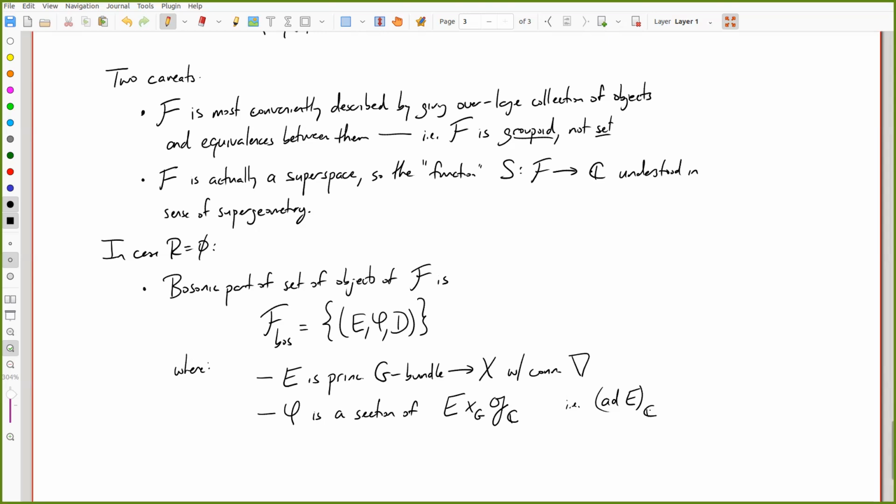Locally, that means you have a field which takes values in the complexified Lie algebra, but it's twisted by this G bundle E.